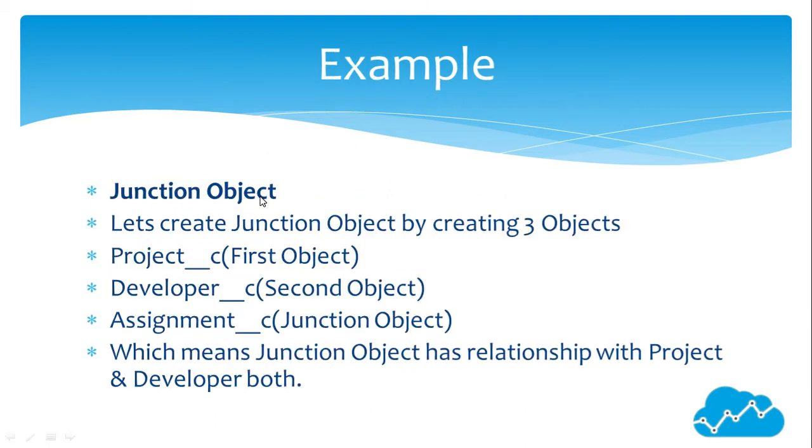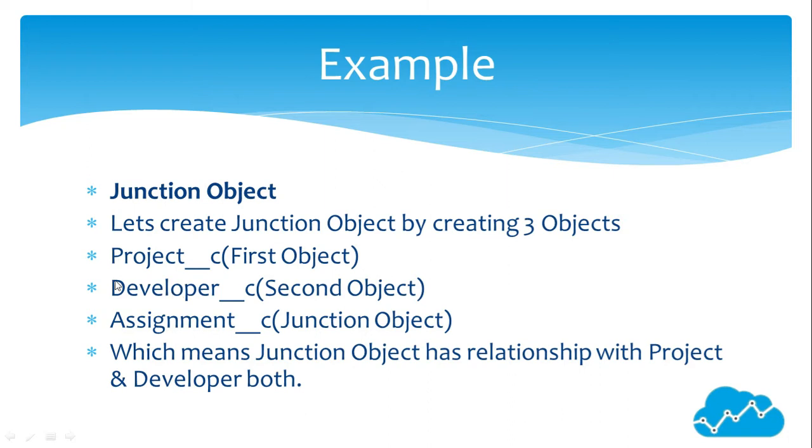Example on junction object. Let's create a junction object by creating three objects. The first object is project, the second object is developer, and the junction object is assignment. For one project, there may be many developers working.